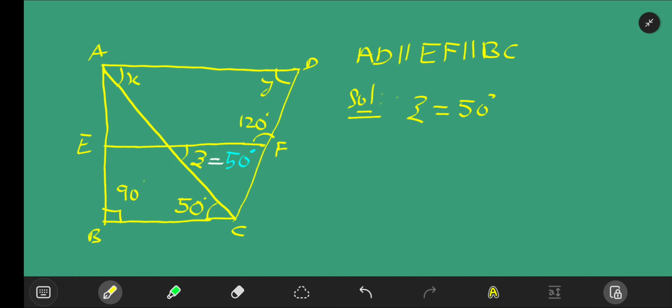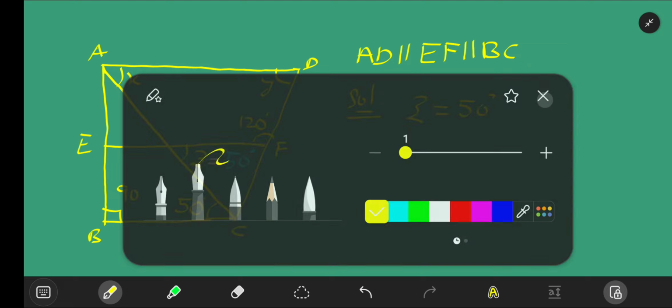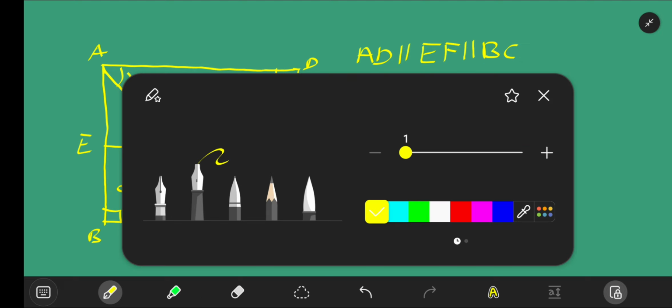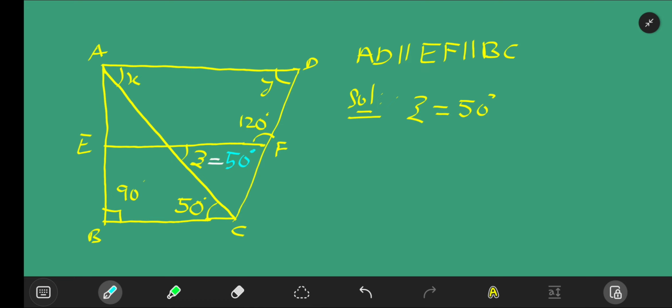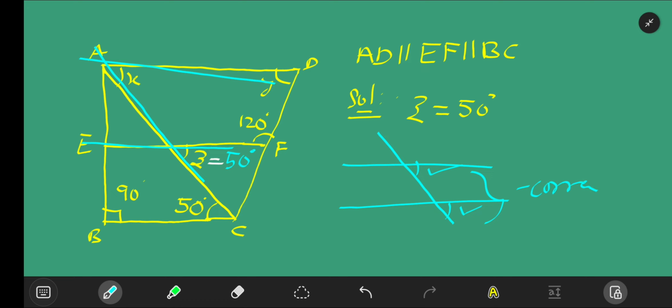And if you see here, these are two parallel lines and a transverse line is passing through these two parallel lines. Now this interior angle is equal to this angle. They are corresponding angles.